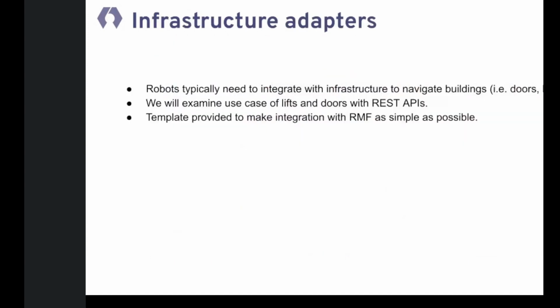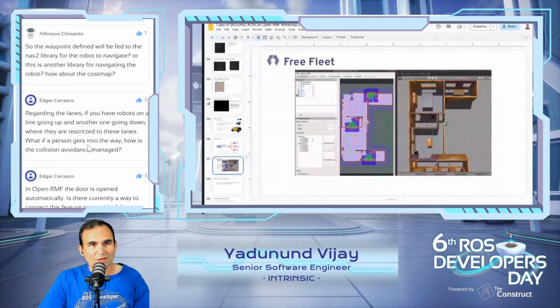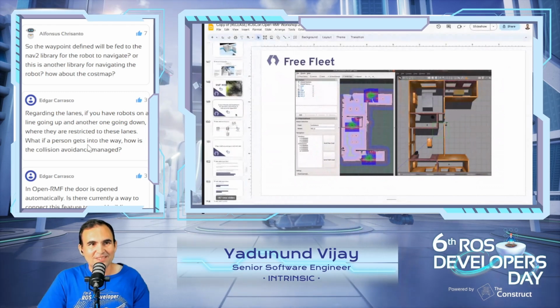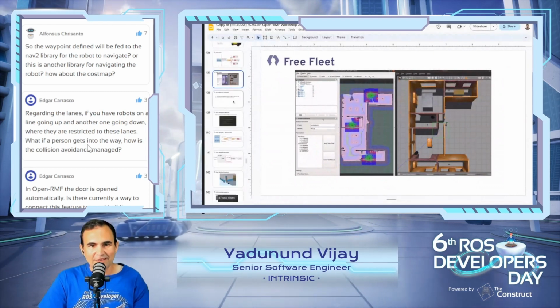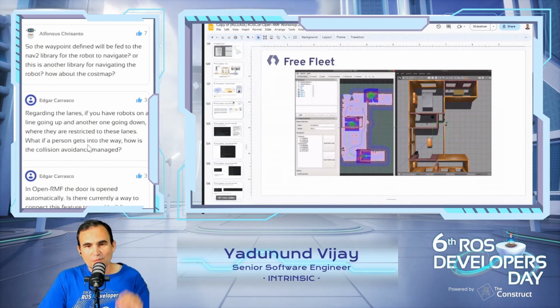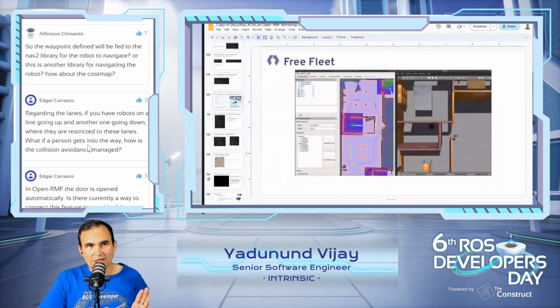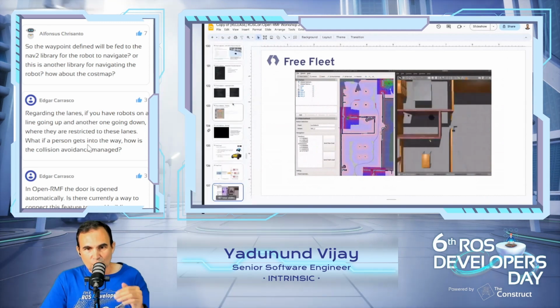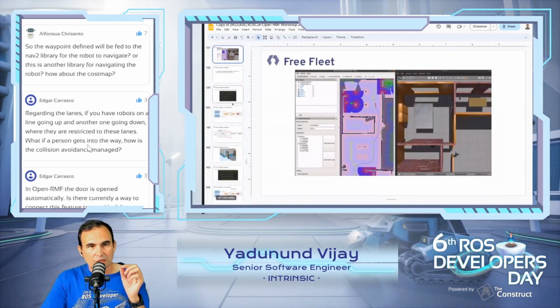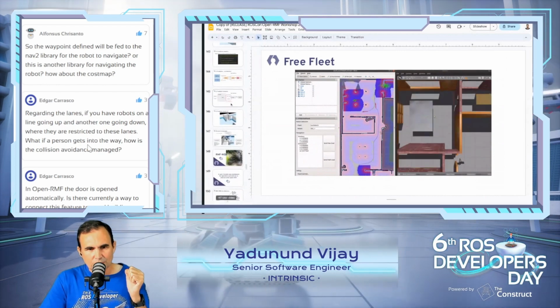Excellent. Yes, this is a very good point. It's something we were also very curious about when we started to work with OpenRMF, and you clarified it very well. So in this simulation, it's not using navigation to move the robot, but it is using the plugin, what's the name you mentioned?